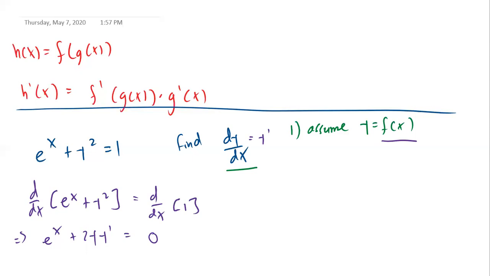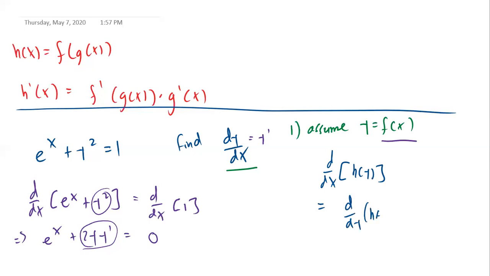So the only tricky thing here really is remembering that you want to treat y as a function of x, so you want to use the chain rule here. And the shortcut in general is, if you want to take d dx of an expression involving y, where y is a function of x, so let's say h of y, this ends up being just d dy of h of y.